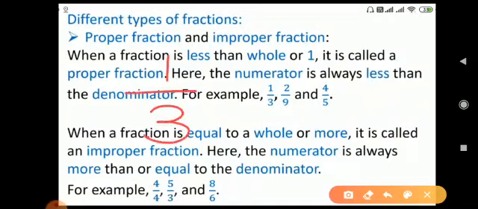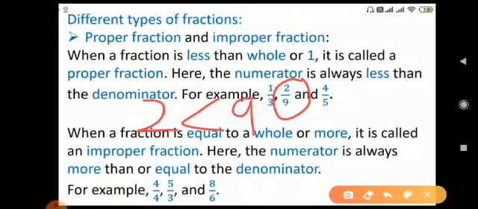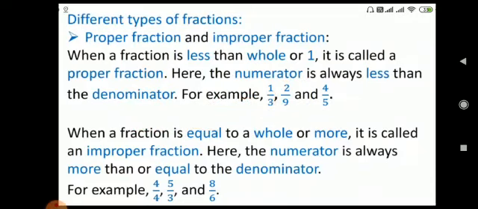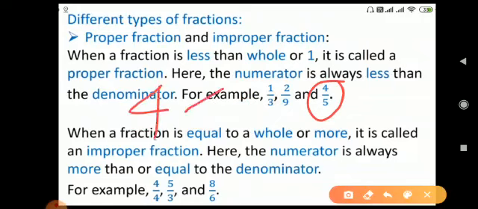Here, in this fraction, you can see 1 is less than 3. So, it is called proper fraction. Same way, in 2 upon 9, 2 is less than 9. And in 4 upon 5, 4 is less than 5.